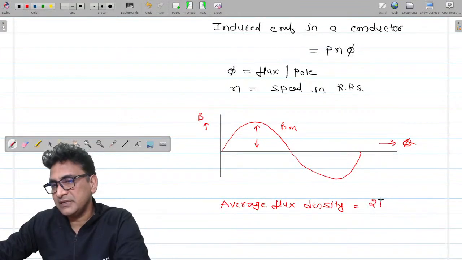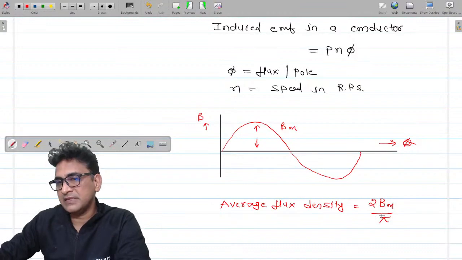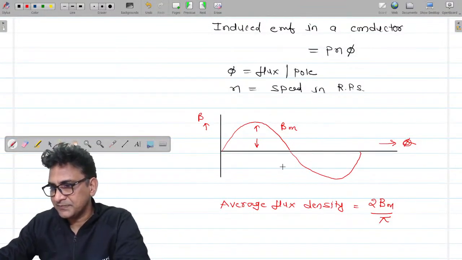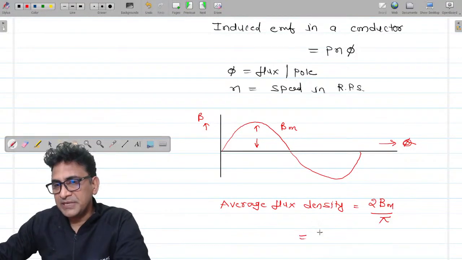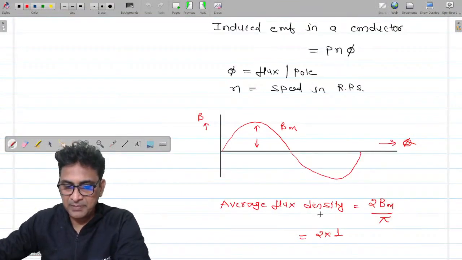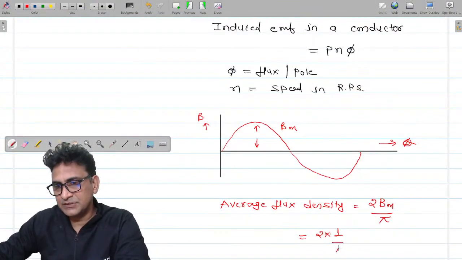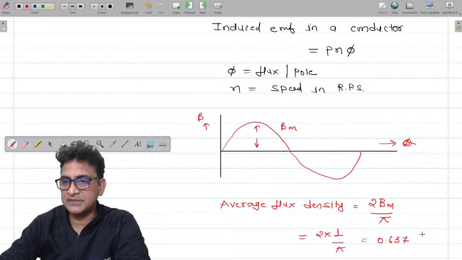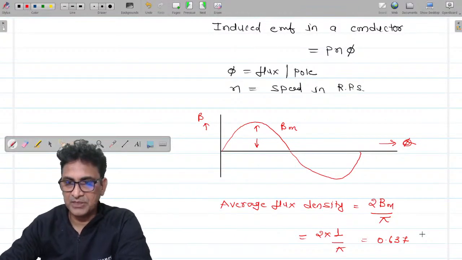Similarly here it is 2 Bm upon pi. Bm is 1, so the average flux density is 2 divided by pi, which is 0.637. Is it clear? This is the average value of flux density.